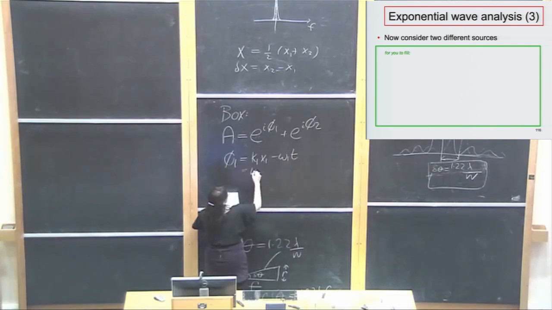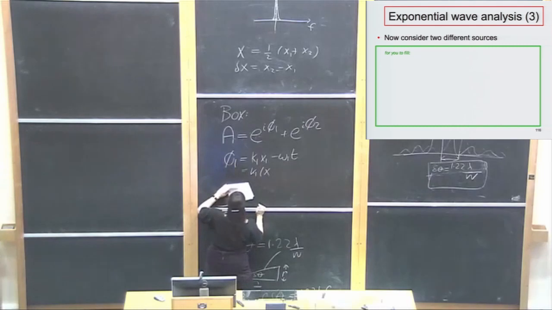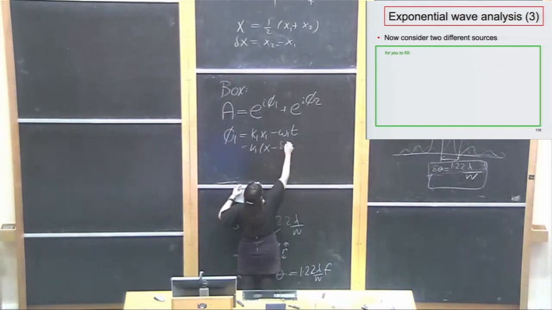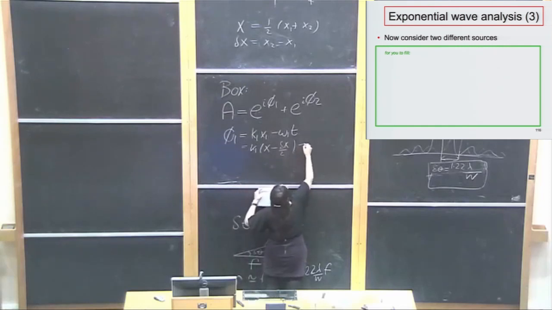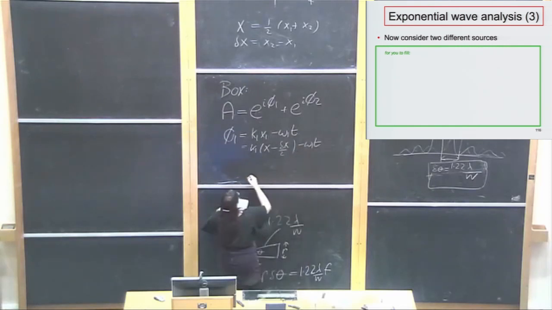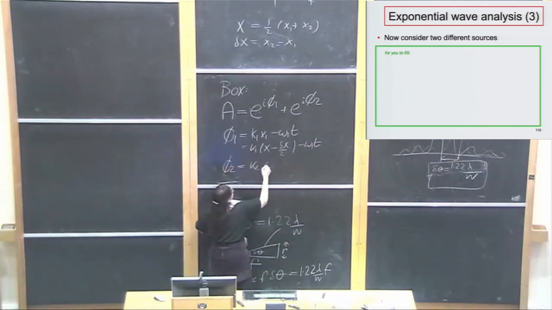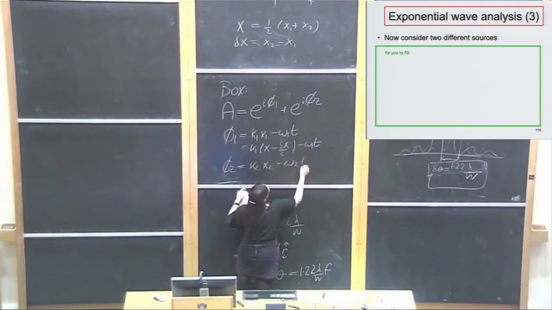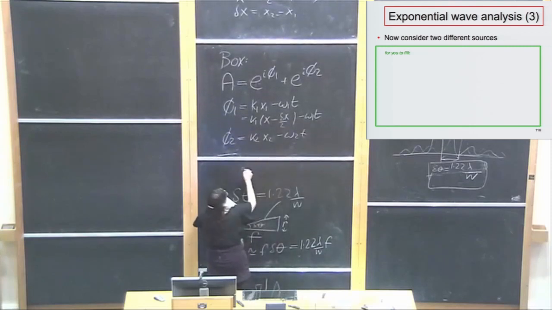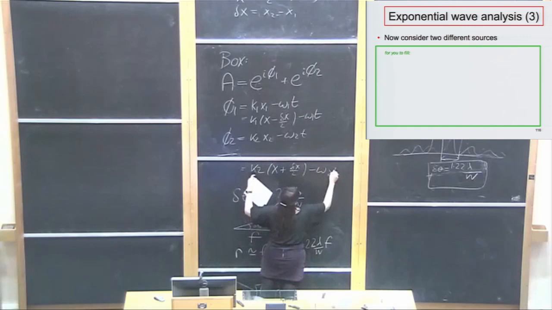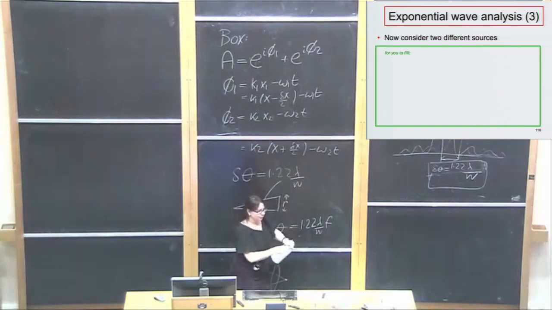So that is k1 times (x minus delta x over 2) minus omega 1 t. And similarly, phi 2 is k2 x2 minus omega 2 t, which is k2 times (x plus delta x over 2) minus omega 2 t.